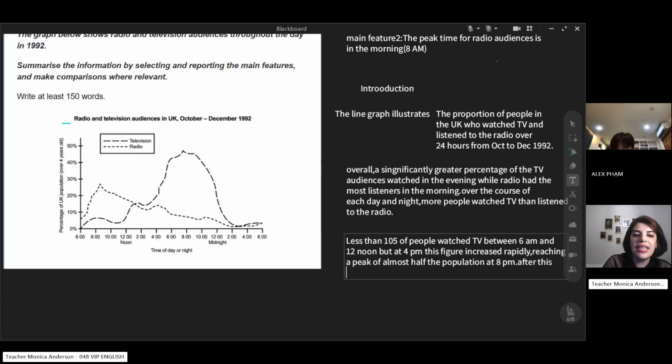As you can see, the graph records a sharp, rapid, sharp, because I use rapid, I don't want to use it again. So sharp decline, decrease, okay? In what? In years.